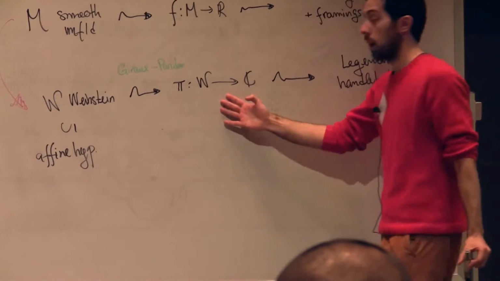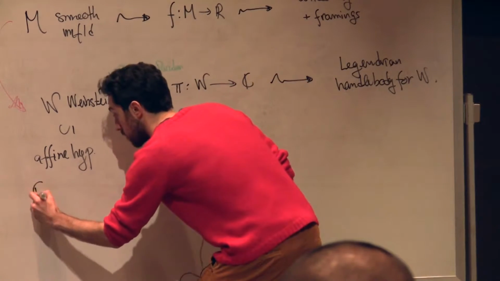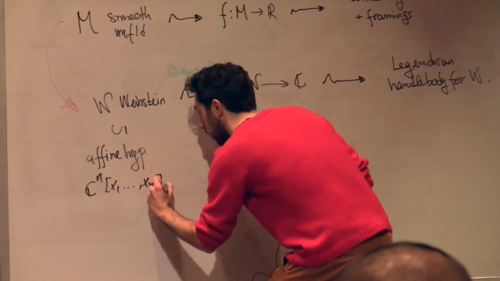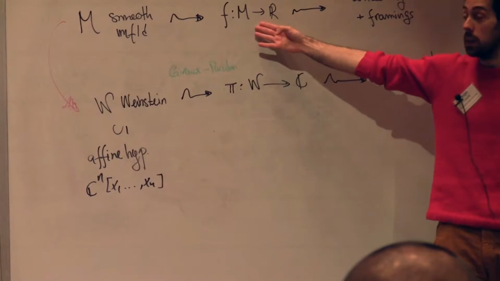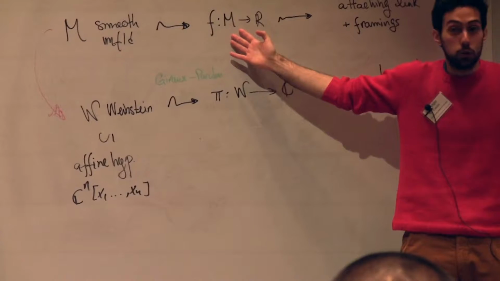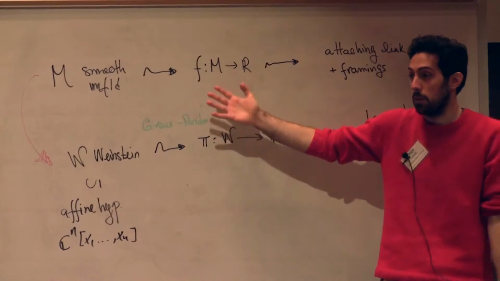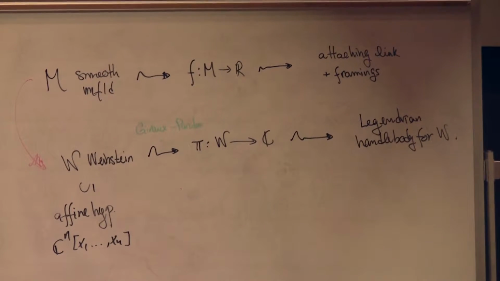And then how do you construct a Lefschetz fibration for them? Well, they're going to be affine hypersurfaces in some C^n, which is going to have some coordinates x1 through xn. And what you can do is exactly what you do here. Here, what you told your students is to pick a generic projection onto some line, which is to say, pick a height function. You embed M inside your big space, like in Milnor's book, and then pick a projection.